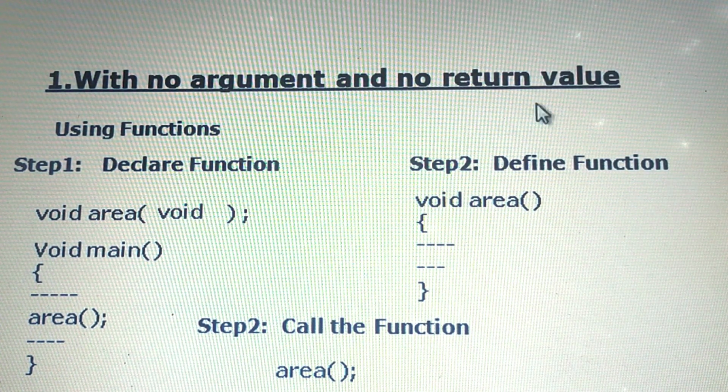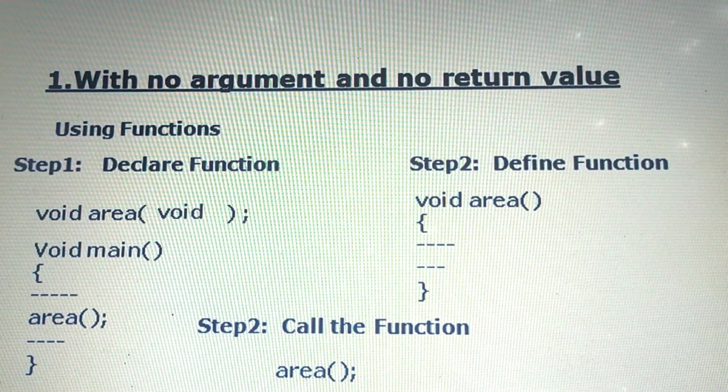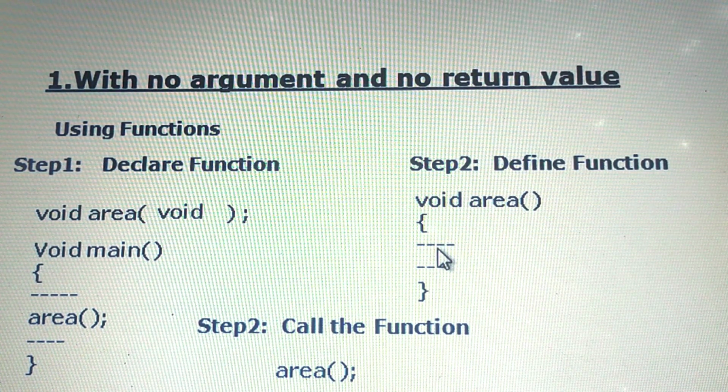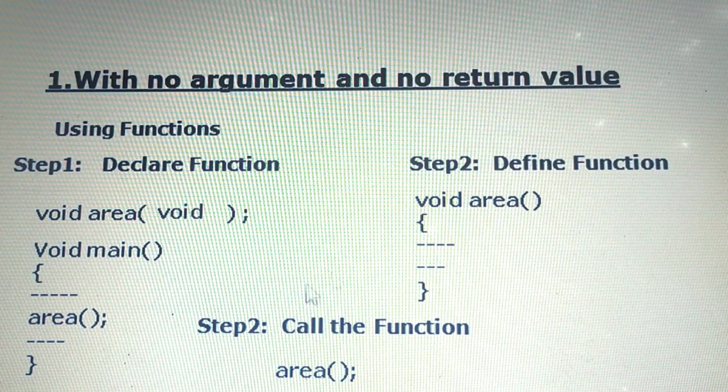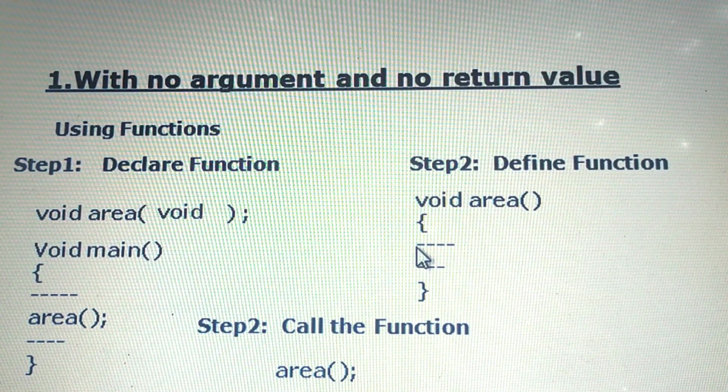So nothing is required within the brackets; here there is no need to write void, let's leave it blank. Then the body of the function starts: whatever statements we want to solve the function, we give one by one, then close the bracket. That is the general format for defining the function.